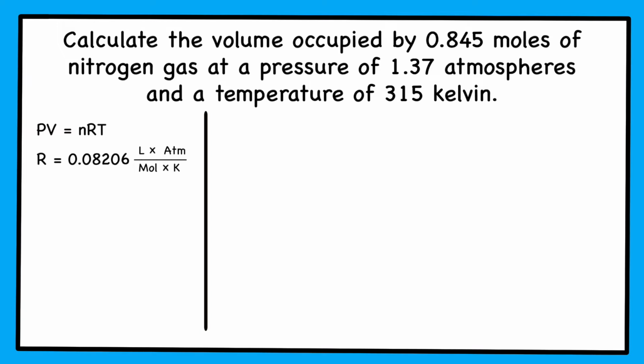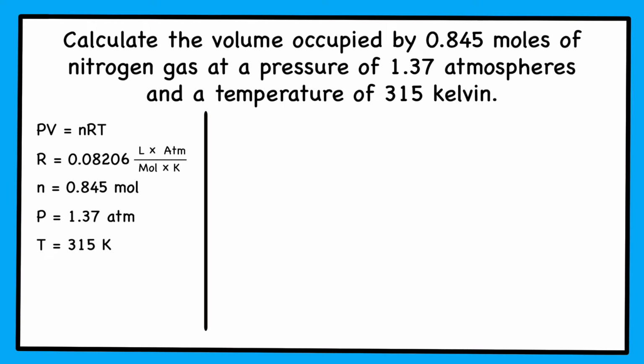Next, I would write down what is given to me in the word problem, so moles are given, we have 0.845 moles. Our pressure is also given in atmospheres, so 1.37 atmospheres, and our temperature is given in Kelvin, so 315 degrees Kelvin. Because all these are appropriate units, we can now move on to our next step.